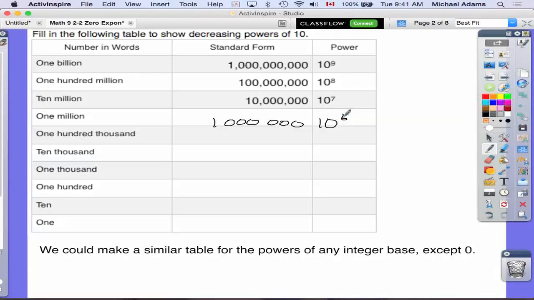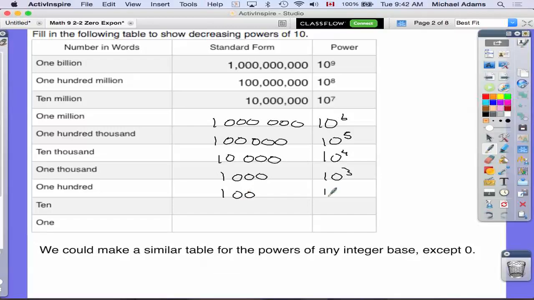If I have 100,000, how many zeros are in 100,000? There are 5 zeros, so we'd say 10 to the exponent 5. 10,000 has 4 zeros, so it's 10 to the exponent 4. 1,000 has 3 zeros, so it's 10 to the exponent 3. 100 has 2 zeros, 10 to the exponent 2.